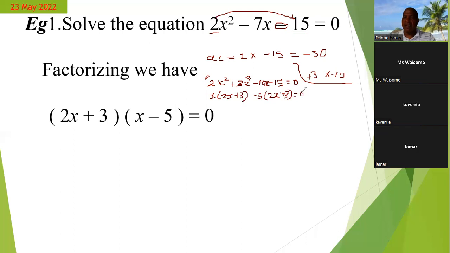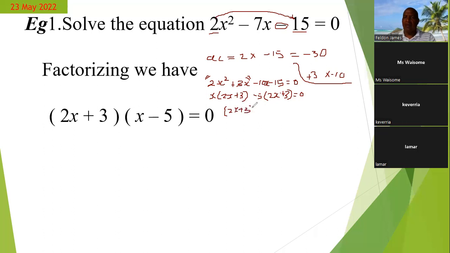Don't forget about that. Now, to completely factorize this, we pull out the bracket which is common, the 2x plus 3.